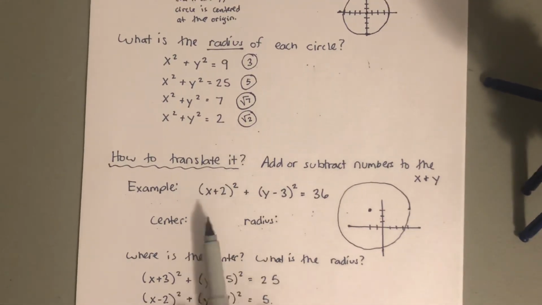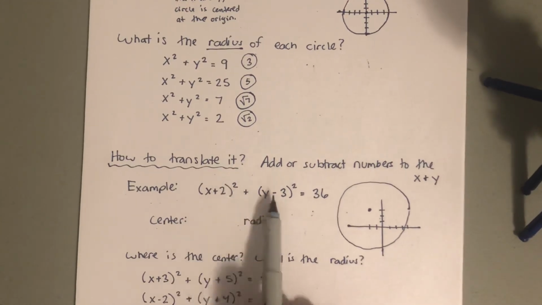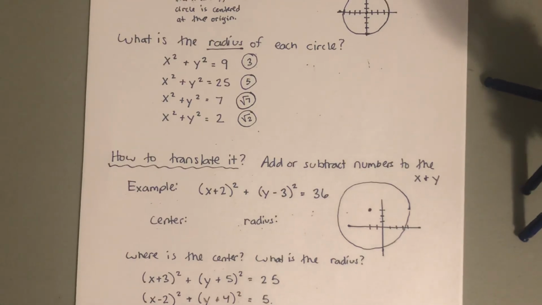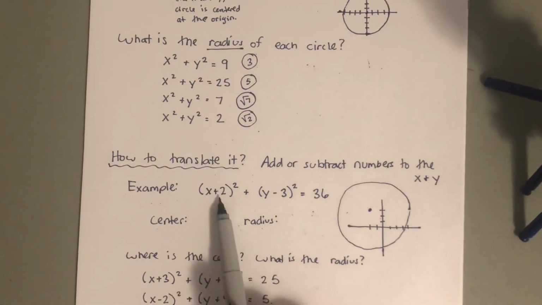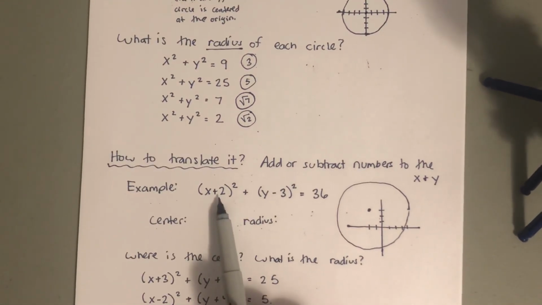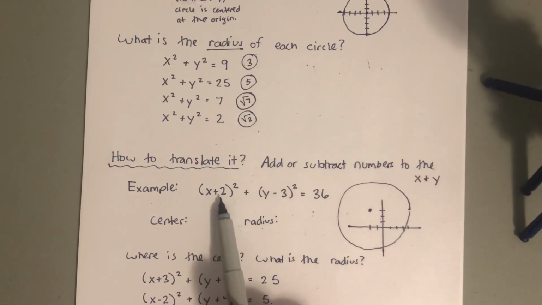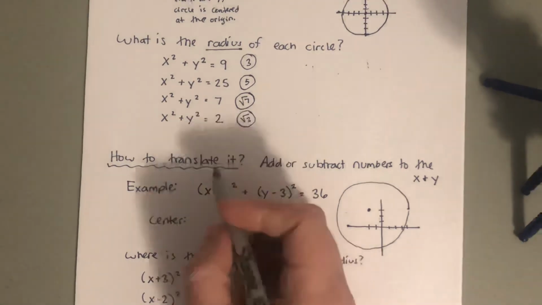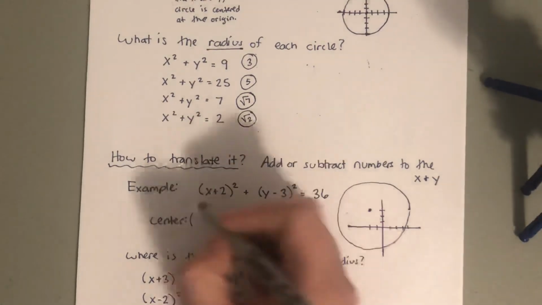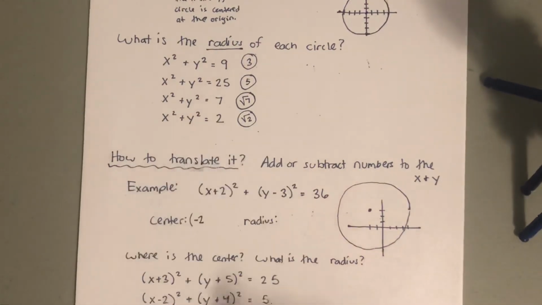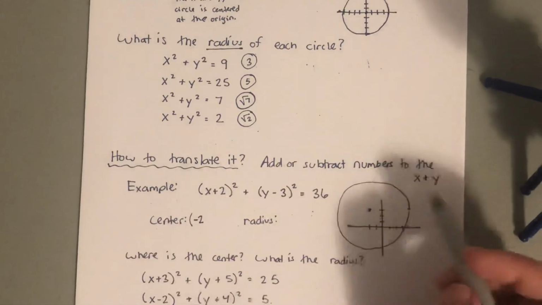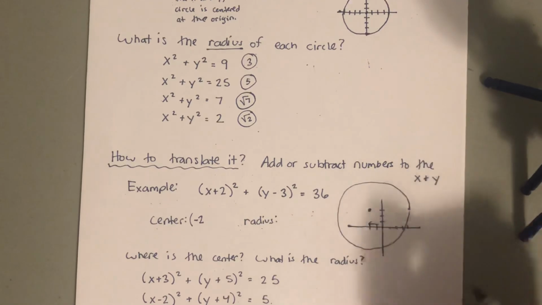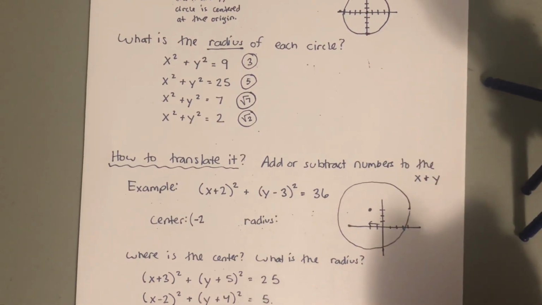The thing here is that each of these shifts is actually going to send it in the opposite direction, because what you see isn't the actual shift. It's the thing that's compensating for the shift. So when you see plus 2, it's actually going to the left. When I graph this circle, it puts the center back here, 2 to the left.